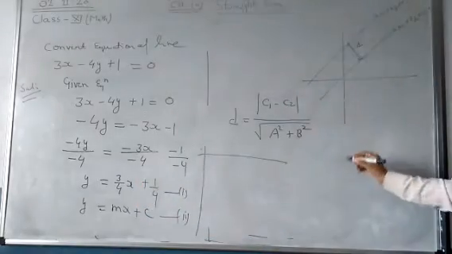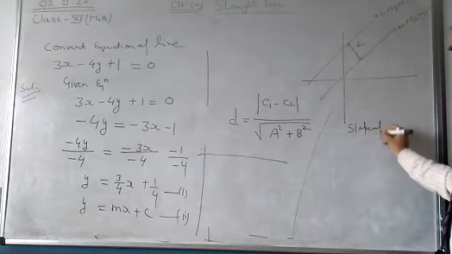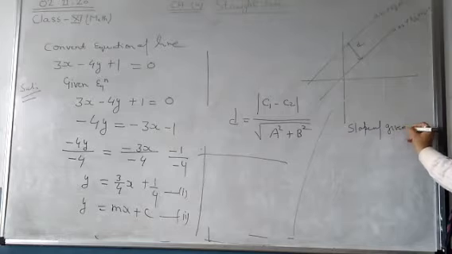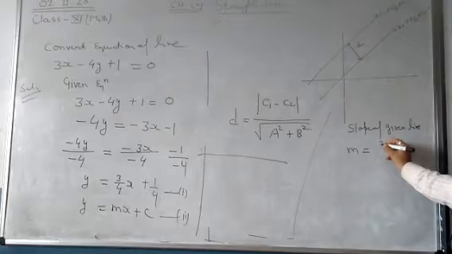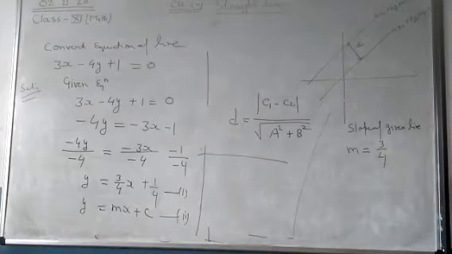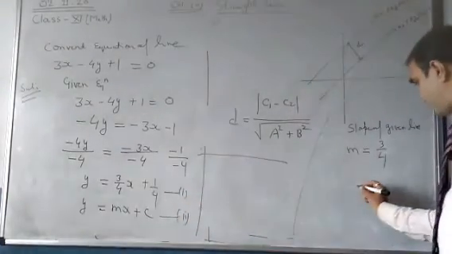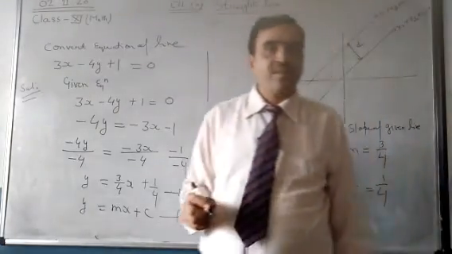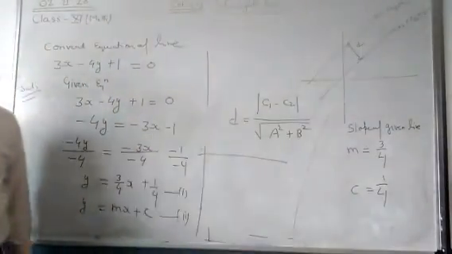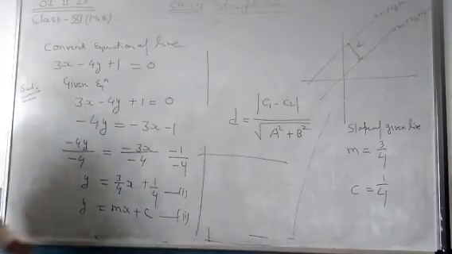Therefore the slope of the given line m equals 3 by 4, and the intercept c equals 1 by 4. This is one answer. And this equation can also be expressed in intercept form.